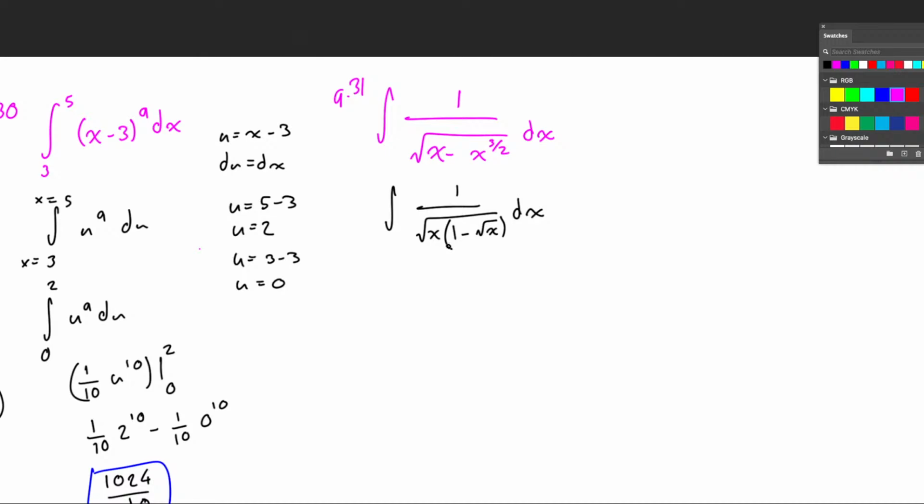Okay. What if u were to equal x minus x to the 3 over 2? du equals 1 minus 3 over 2 x to the 1/2 dx. Problem is there is no 1 minus 3 over 2 x to the 1/2 in this equation.